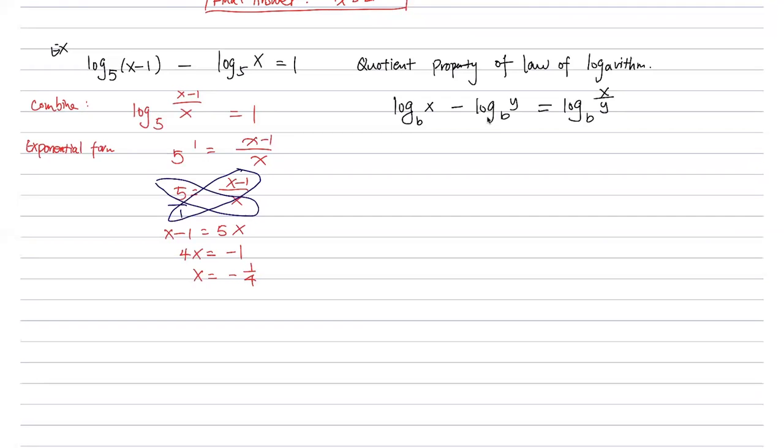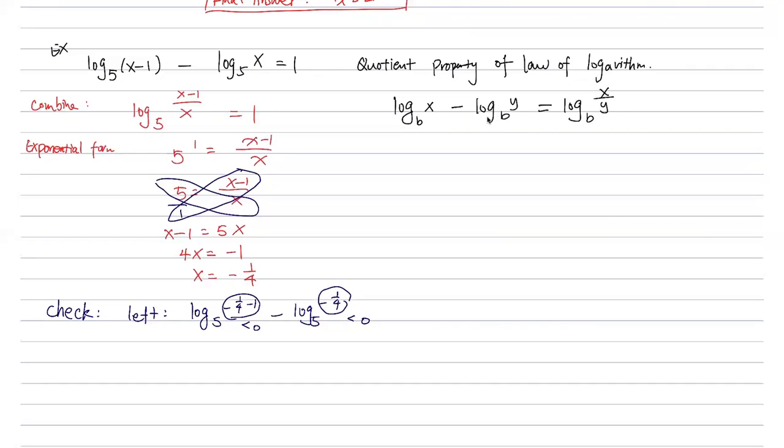Now that will be my only answer, but again, don't forget I need to check my answer. So when you have x equal to -1 over 4, that means the left side is log base 5 of -1 over 4 minus 1 minus log base 5 of -1 over 4. Now this -1 over 4 apparently is less than 0, and -1 over 4 minus 1 is also less than 0.